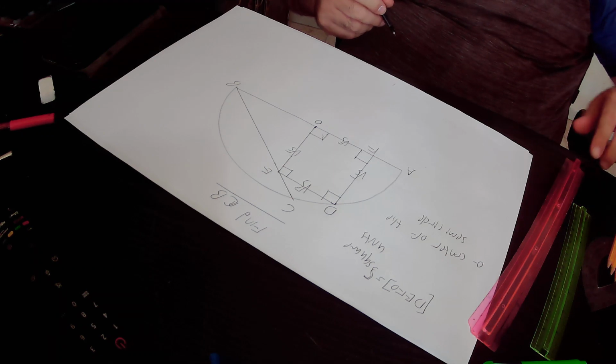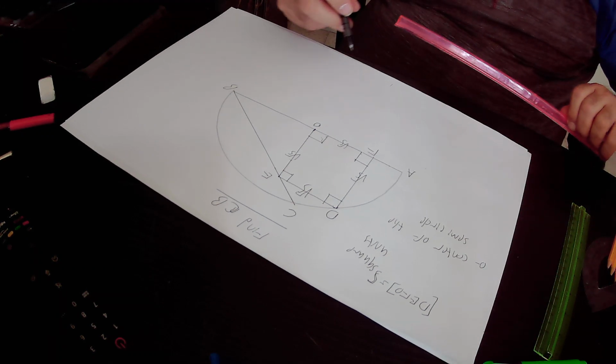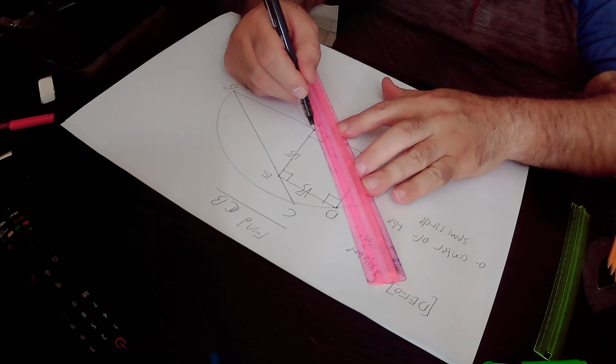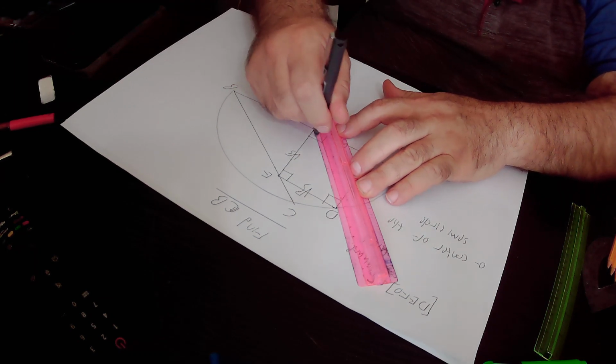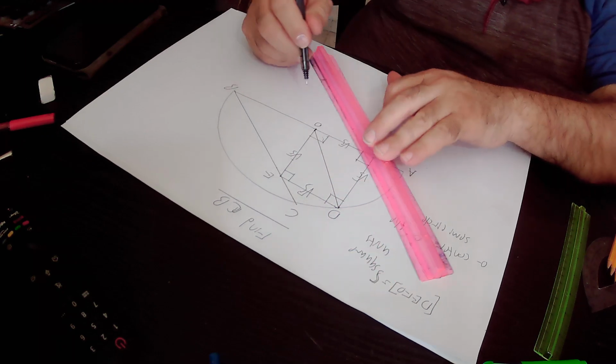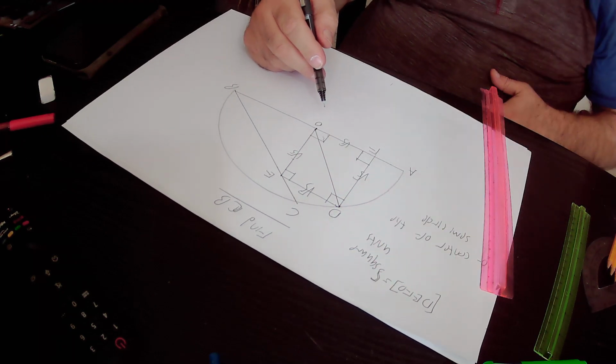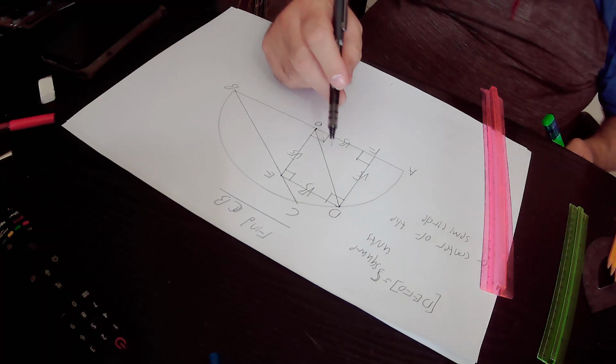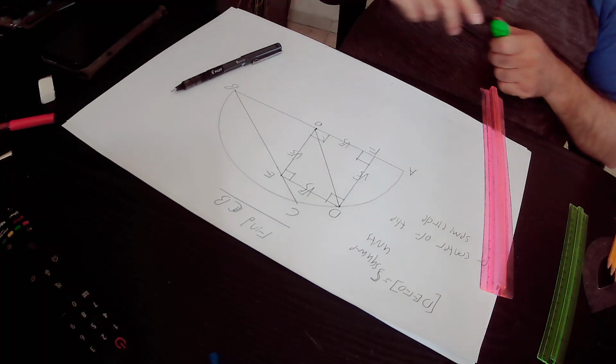In the next step, we'll join points D and O together by a straight line. By joining points D and O, we actually created the right triangle DFO.